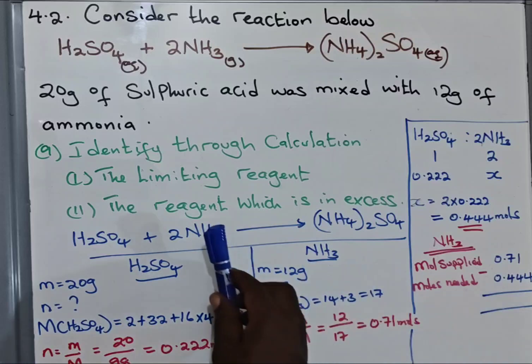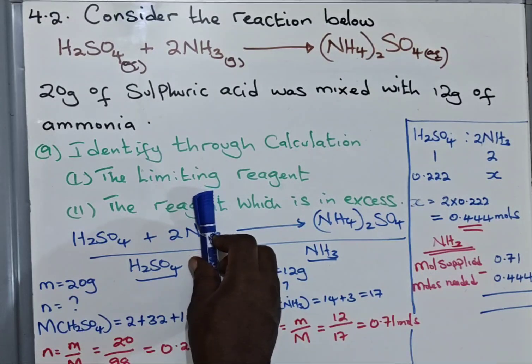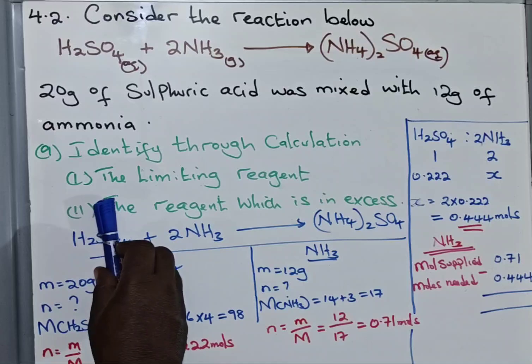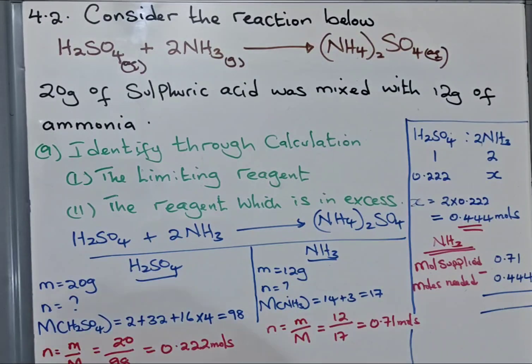So if ammonia is the one which is in excess, it means that sulfuric acid is the limiting reagent. So let us check here. What's the difference? So this is the difference, which is 0.266 moles.